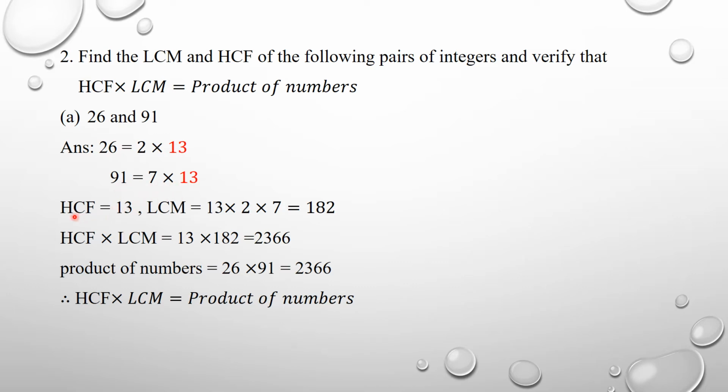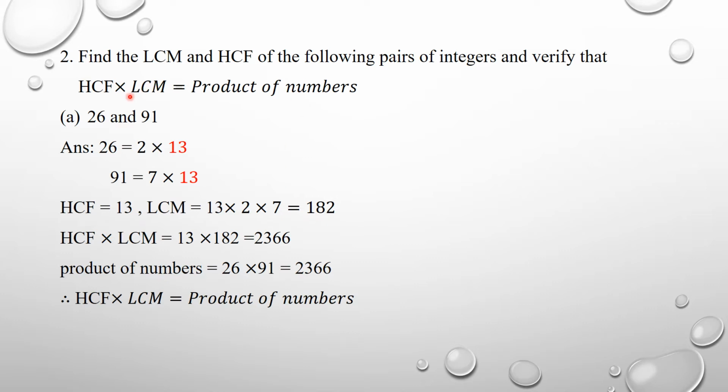For finding HCF, that is the common prime factor with the least power. Here the common prime factor is 13 and the least power is 1, so HCF is equal to 13. LCM is equal to the greatest exponent of the common prime factor, so 13 and the remaining numbers 2 into 7, which is equal to 182.